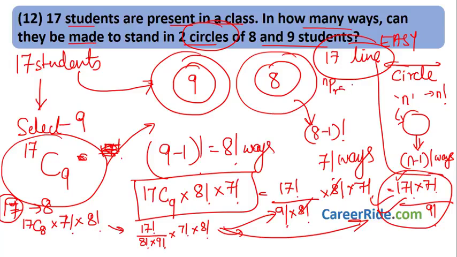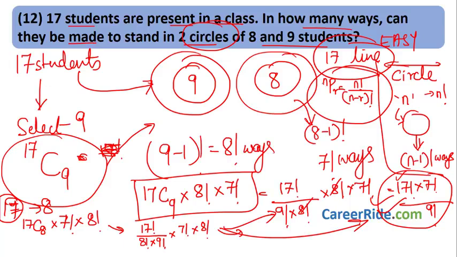NPR is nothing but n factorial upon n minus r factorial, right? Permutation formula is derived from combination formula. We have n factorial upon r factorial into n minus r factorial, and arranging is r factorial, so r factorial gets cancelled and we get this formula. So NPR equals n factorial upon n minus r factorial.